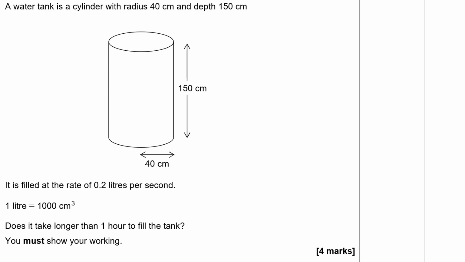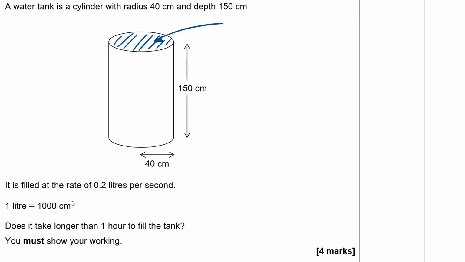Well, a cylinder is a prism, and the volume of a prism is equal to its cross-sectional area times its length, or its height. So we need to work out what this bit is here. Now, that area is a circle. It's pi r squared times the height.